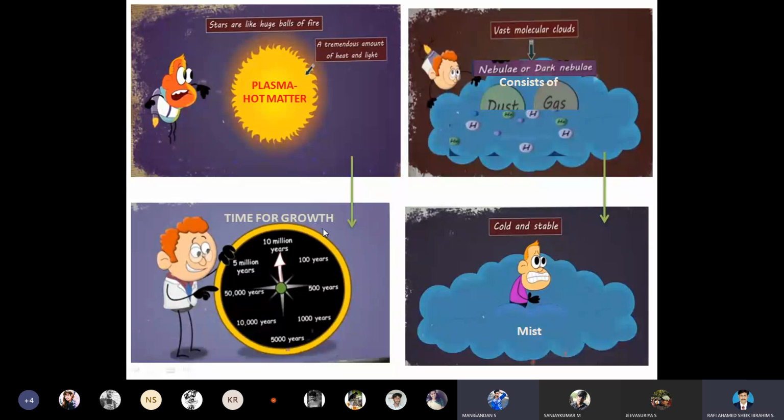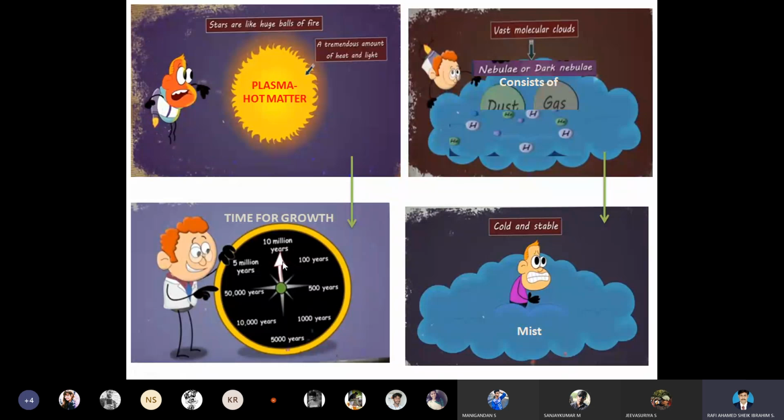The time for growth: the complete process of a star's development takes around 10 million years. Not a few minutes, not a few hours, not a few days, but millions of years for the formation of the star.